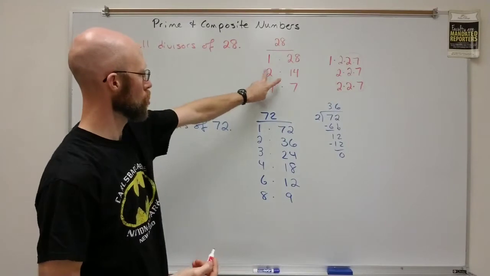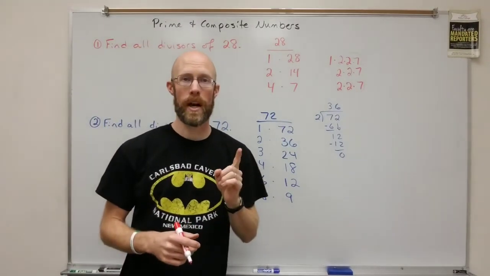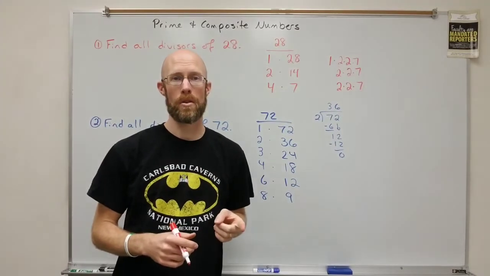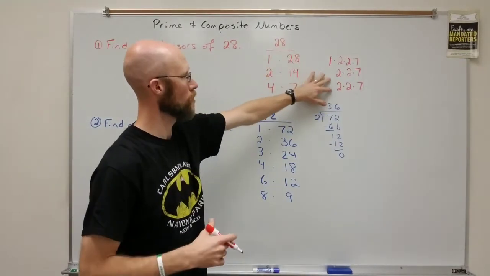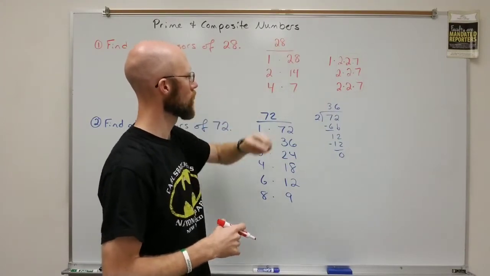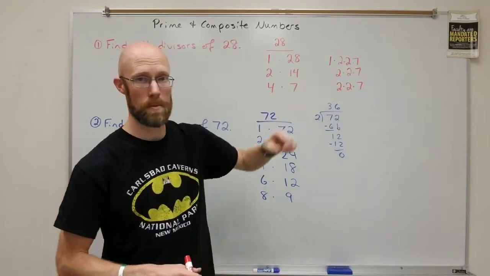The prime numbers were 2 and 7. And there's only one combination of prime numbers that will multiply, or that will divide the original composite, right? In this case, it's 2 times 2 times 7.